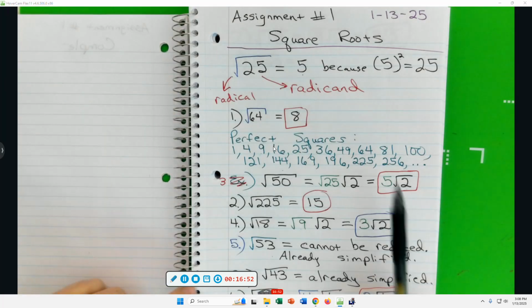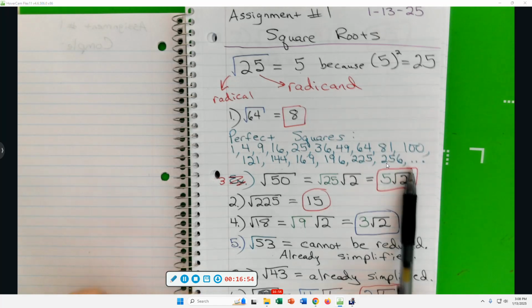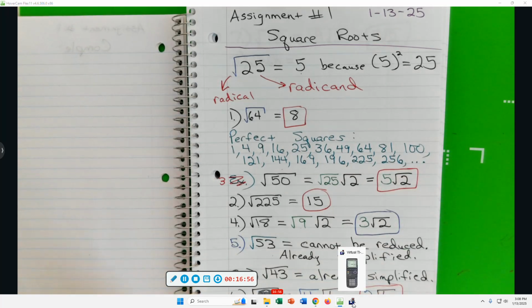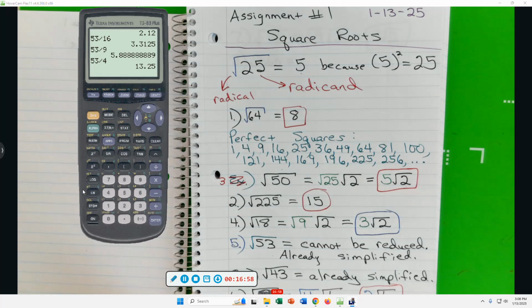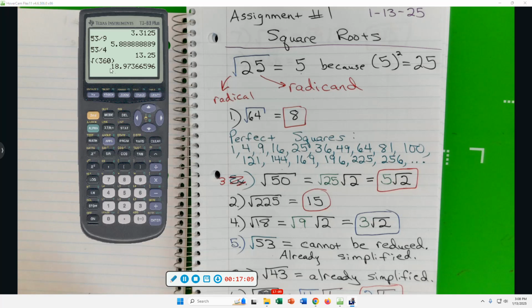We didn't go that far on our list of perfect squares, but if you punch in the square root of 360 in your calculator, you're going to get a decimal number, not an integer. Does anyone have one of those little calculators that does it the way we want, with the square roots?